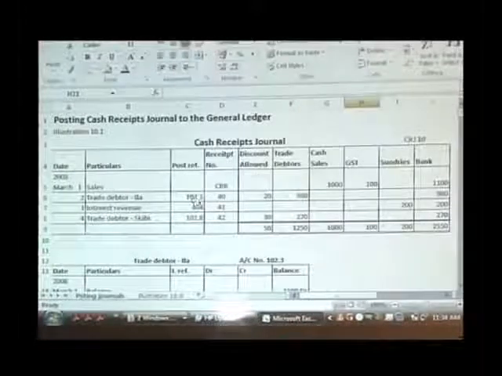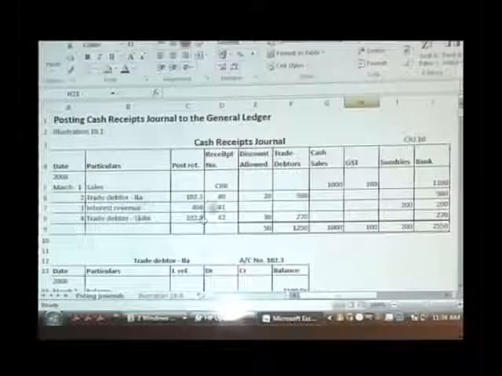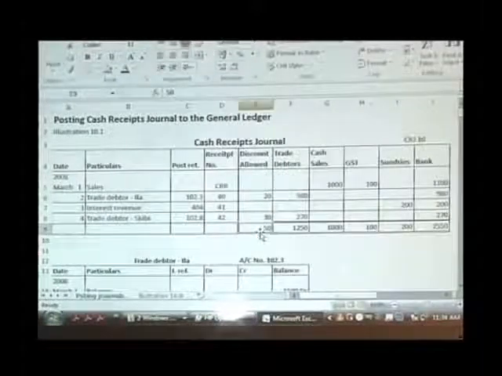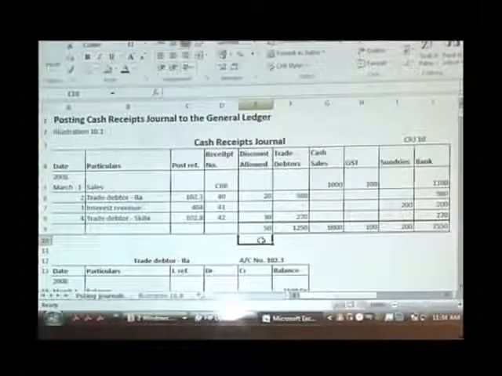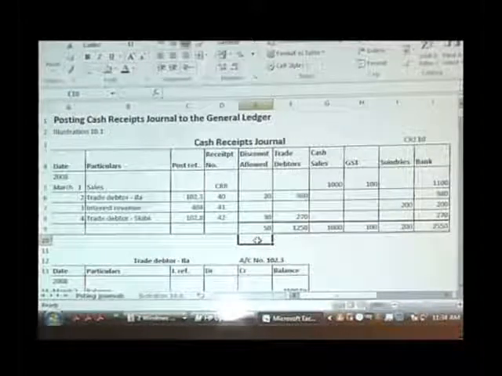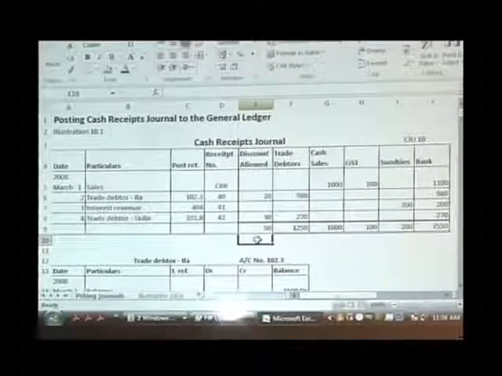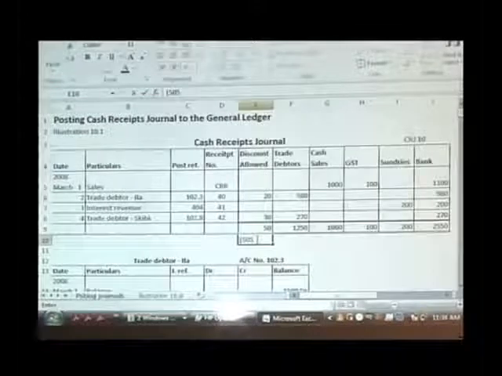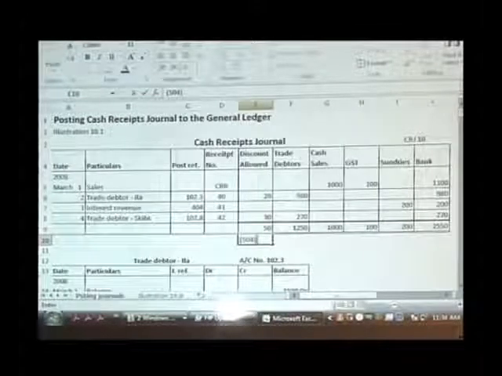Now we have posted all individual amounts, and now look at the totals. The discount allowed column is again posted to the discount allowed account as a total. Then find the discount allowed account number. Account number is 504. 504 is written here.